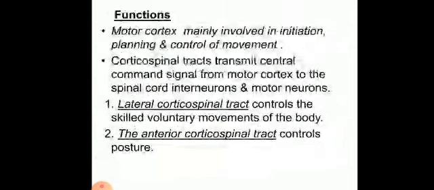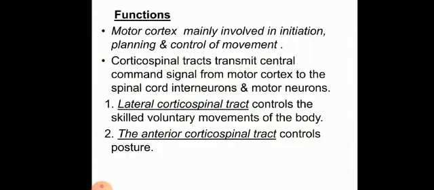Now we need to see the functions of the corticospinal tract. If you look at the functions, the motor cortex is mainly involved in the initiation, planning, and control of movements. Now, the corticospinal tracts transmit the command from the motor cortex to the spinal cord.